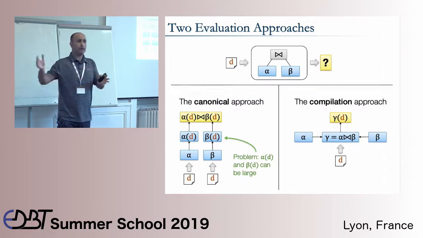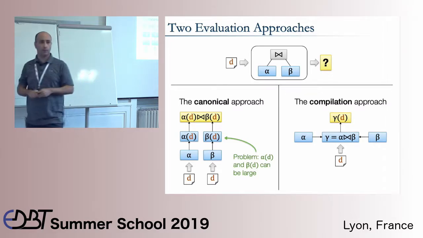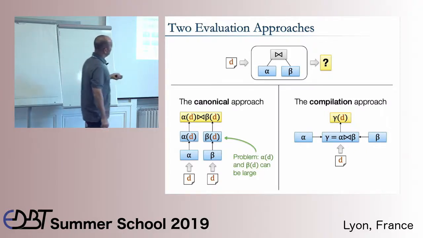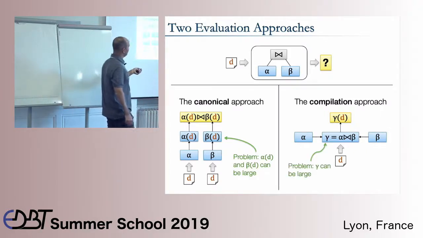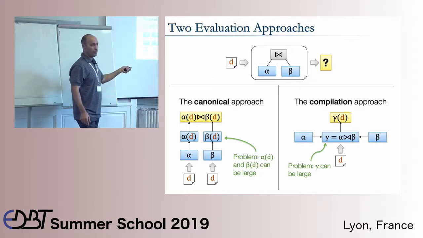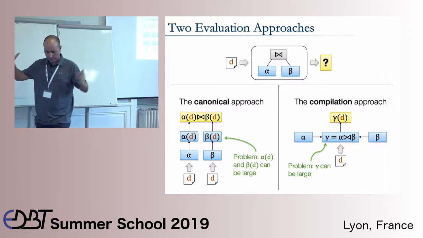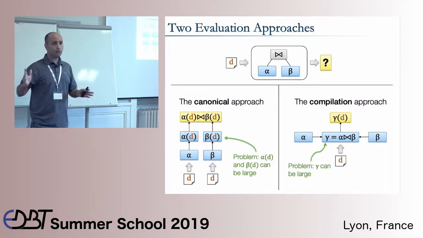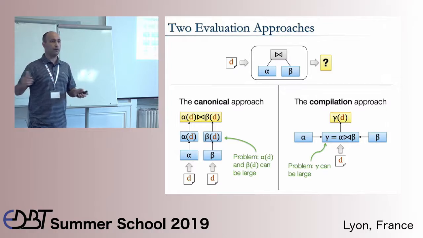And again, because these Regex formulas can be complex and they can have many variables. The problem with the compilation approach is that, well, this compiled object can be large. In the case of joins, we know how large that is, well, it can be at most quadratic, but in the case of other operators, it can be even more than that.